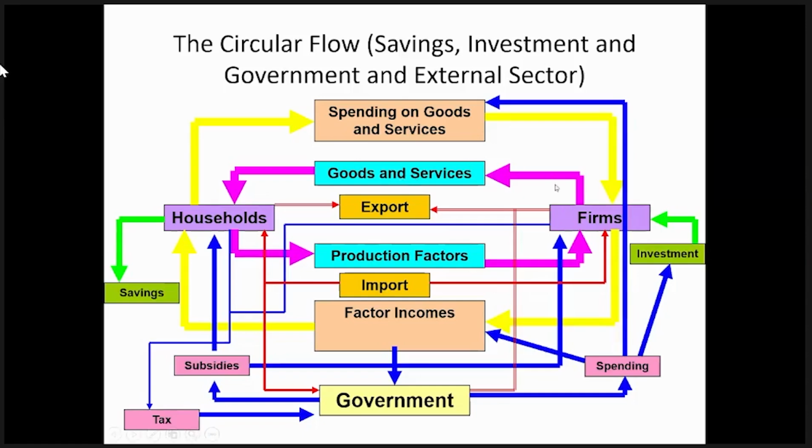So then firms will have a higher demand for goods and services. They will make a higher demand for production factors. When we have a higher demand for production factors, households will have more money. So they will be spending on goods and services or may do imports. So likewise, it will be starting to move in different business entities.